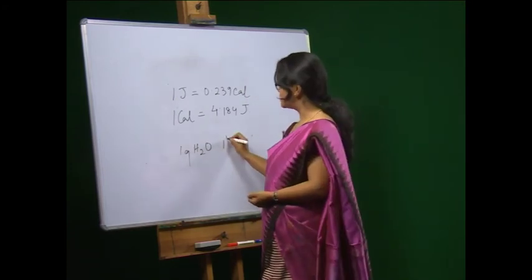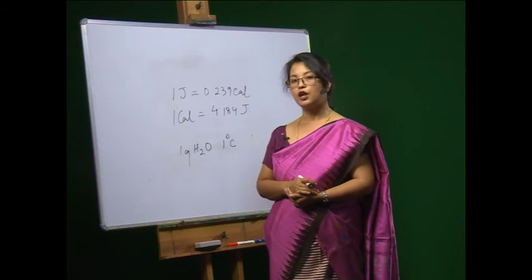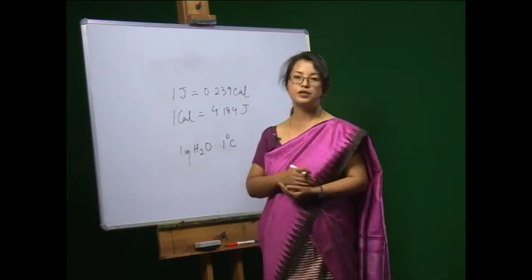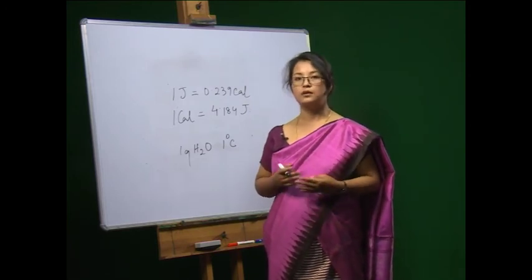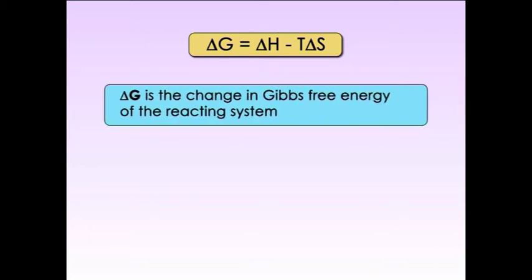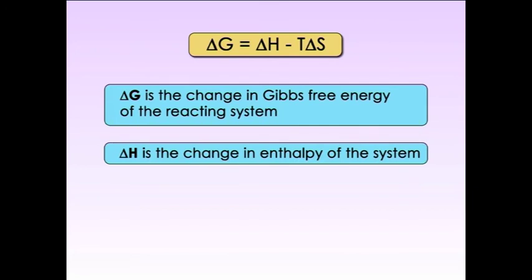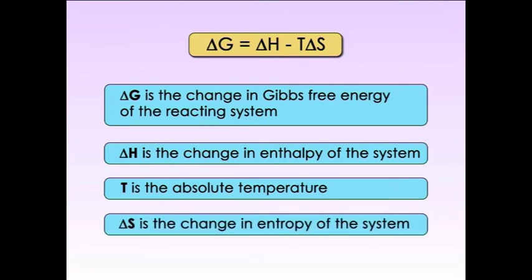Under the conditions existing in biological systems, including constant temperature and pressure, changes in free energy, enthalpy, and entropy are related to each other quantitatively by the equation delta G equals delta H minus T delta S, in which delta G is the change in Gibbs free energy of the reacting system, delta H is the change in enthalpy of the system, T is the absolute temperature, and delta S is the change in entropy of the system.